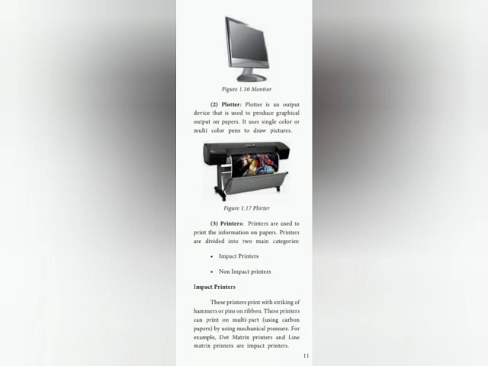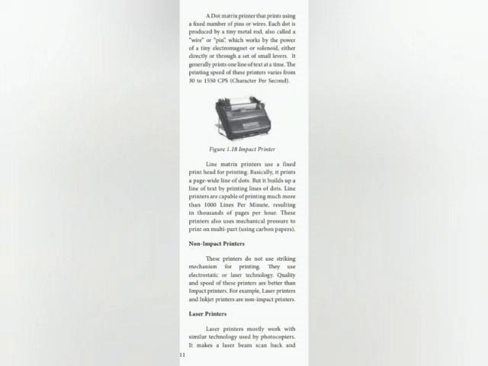A dot matrix printer prints using a fixed number of pins or wires. Each dot is produced by a tiny metal rod, called a wire or pin, which works by the power of a tiny electromagnet or solenoid, either directly or through a set of small levers.